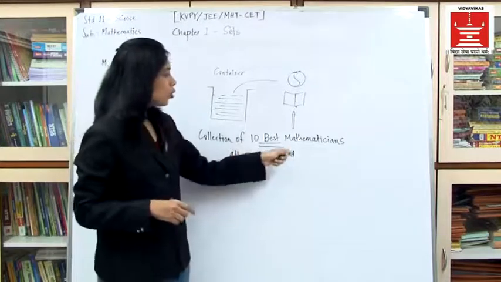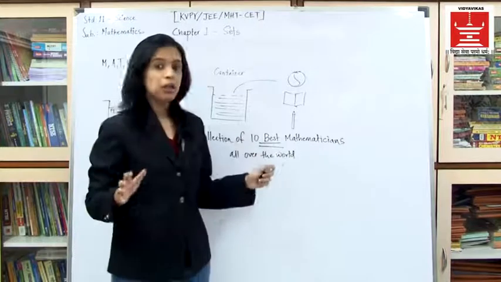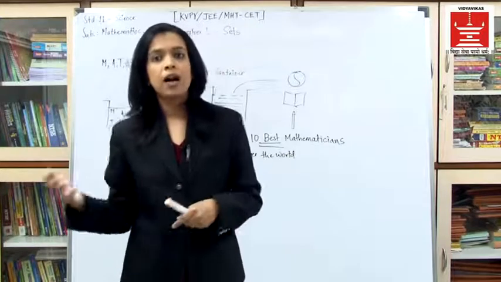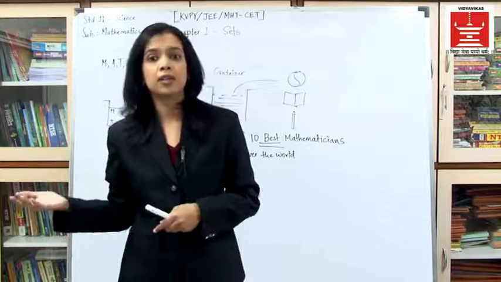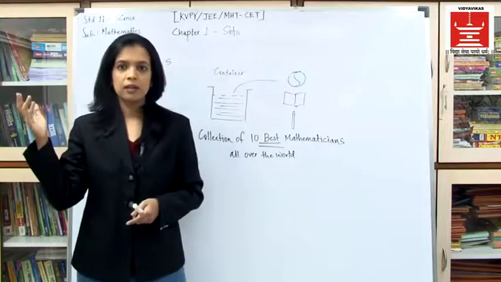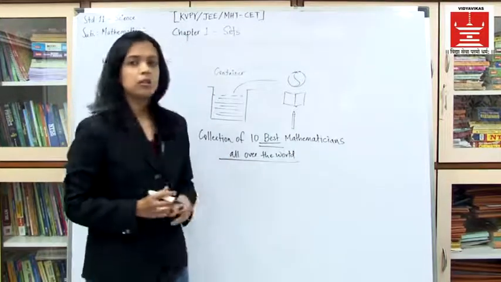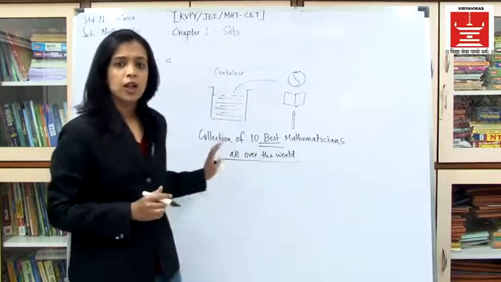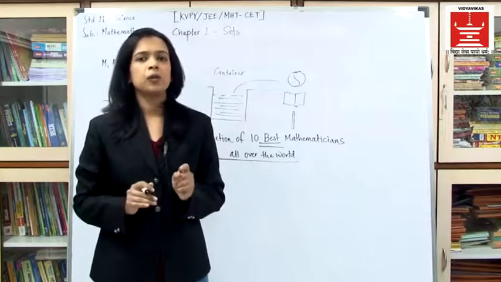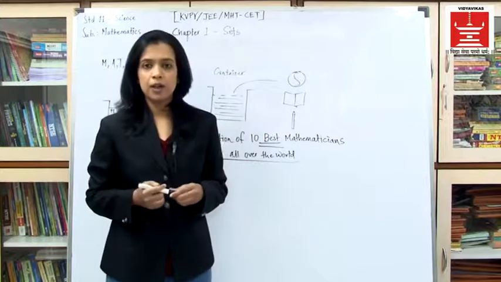Also, there is no time period involved here. 10 mathematicians, 10 best mathematicians in the world, but in which era? Current, past, okay, past to which extent? We can even go back to Pythagoras, right, and Euclid. So nothing is mentioned here, the term is very relative, so such collection cannot be considered as a well defined collection, right? Because there is this ambiguity, whom to consider the best, right?